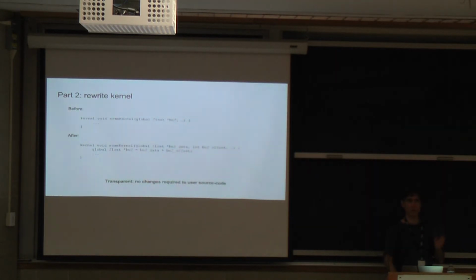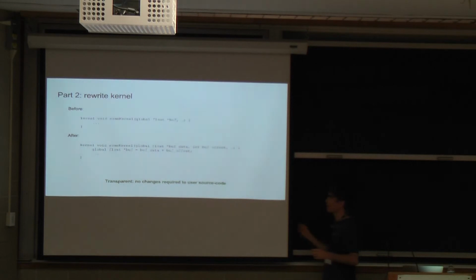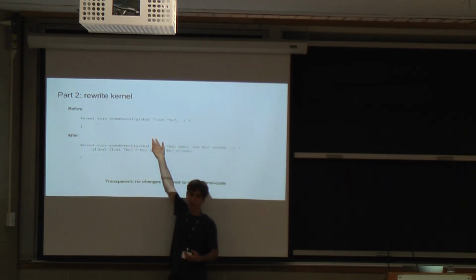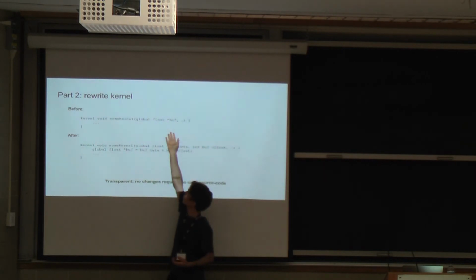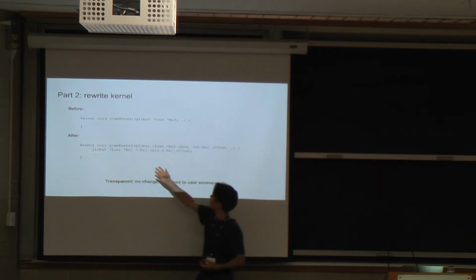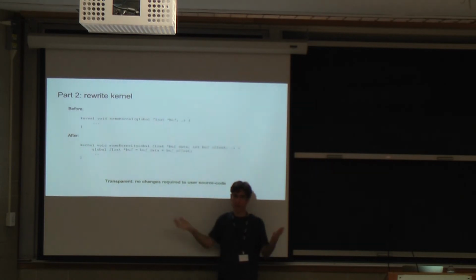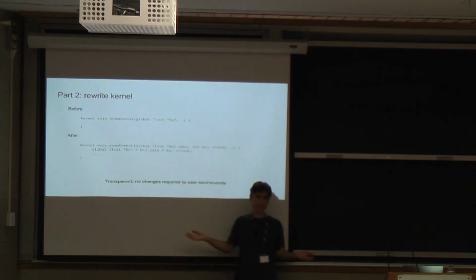Right, and then the second part is we need to rewrite the kernel. So actually this is an OpenCL kernel, but the actual kernel is going to be an NVIDIA CUDA kernel, right? So we're already generating this anyway. So all we do is when we generate it, instead of generating it with a single pointer, we simply add an additional offset. Right? And we control both sides of the kernel launch. So that's easy to do. It is incredibly easy actually.